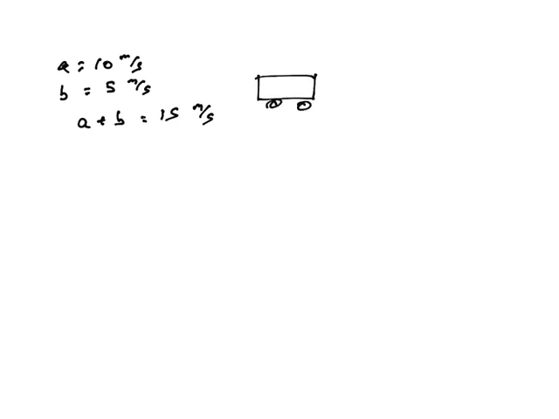So for instance, if the speed of A is 10 meters per second, and the speed of B is 5 meters per second, I could say A plus B is 15 meters per second. This would be something like a little car moving to the right at 10 meters per second, and there's a person on the car holding a baseball, and they throw the baseball at 5 meters per second with respect to themselves.